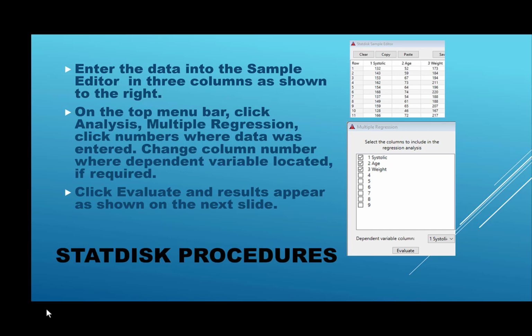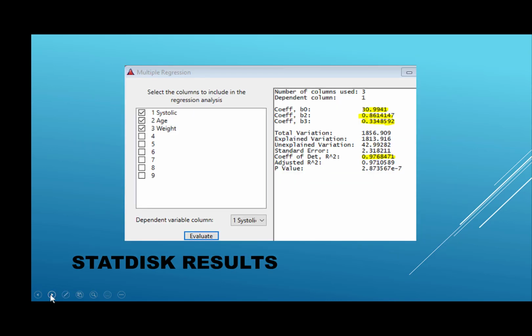Statdisk generally defaults to 1 being the column containing your dependent variable, and if this is not the case in the way that you entered your data, you would need to change this little pull down menu. Once you have that allocated, you would click Evaluate at the very bottom of the screen, and your results would appear as you can see on the next slide.